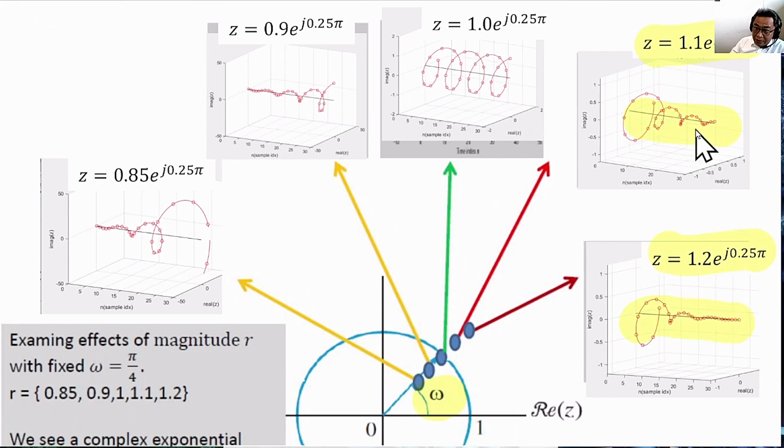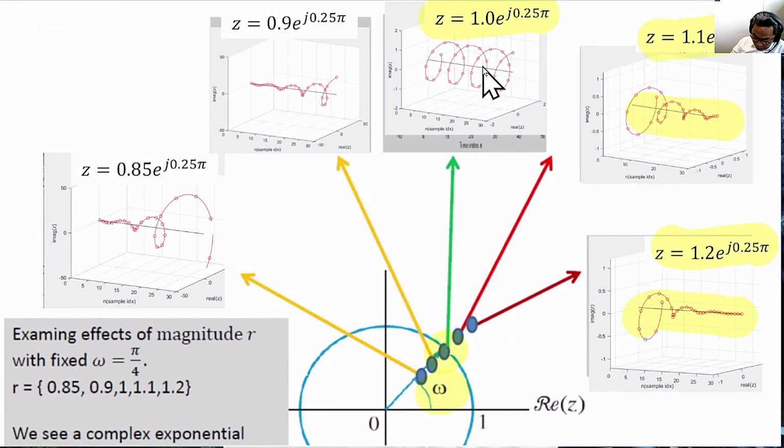If you now understand the idea, as we go to the unit circle, where the value we are interested in is 1 e to the j 0.25 pi, you realize that we are generating a complex exponential that rotates and never dies. What happens when we go in? 0.9 times e to the j 0.25 pi.